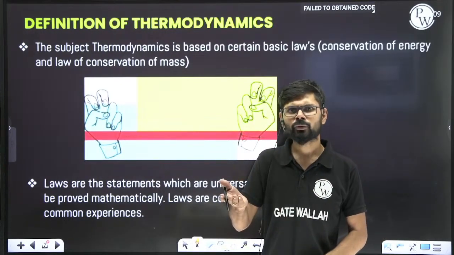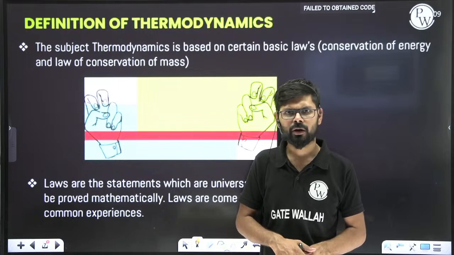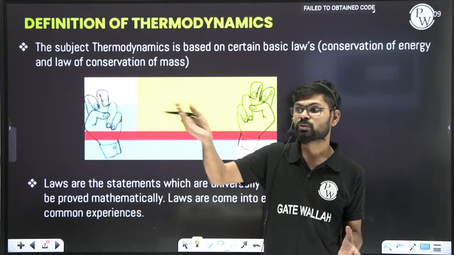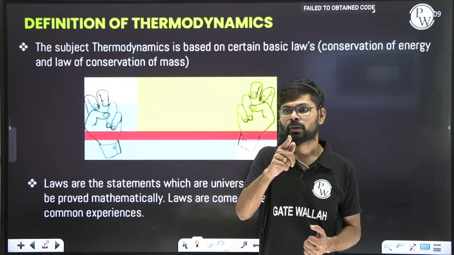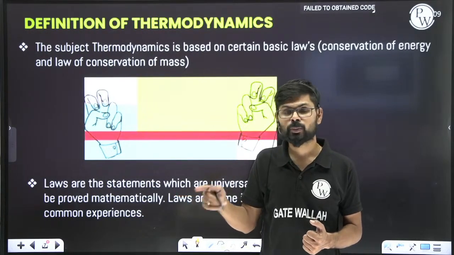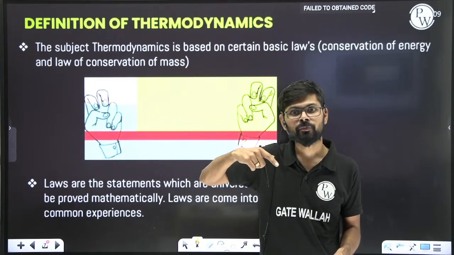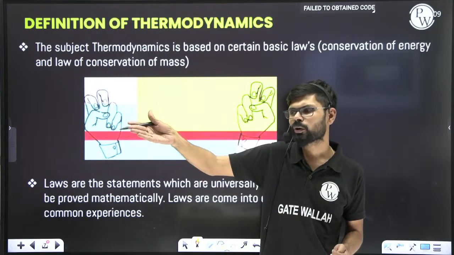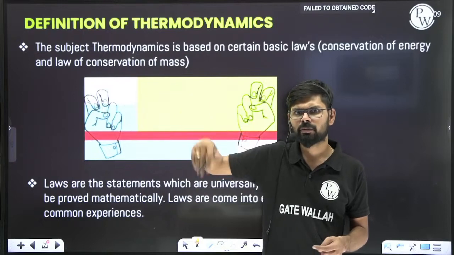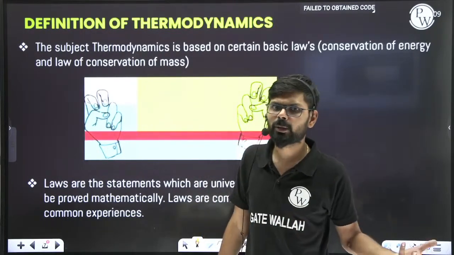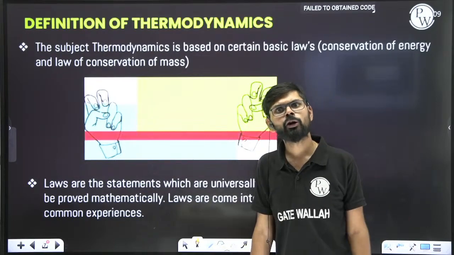Then you can make it a law, right? Then if someone is arguing with you, okay, in 1000 experiments it's correct, but maybe in some experiment it may be wrong, then you can say, okay sir, you just find any process, any experiment. If it is not valid, then it will be a violation of the law.